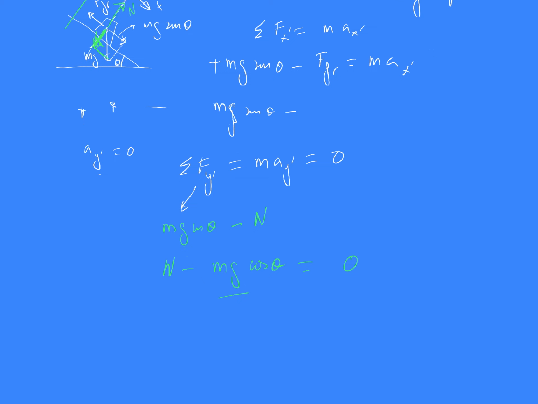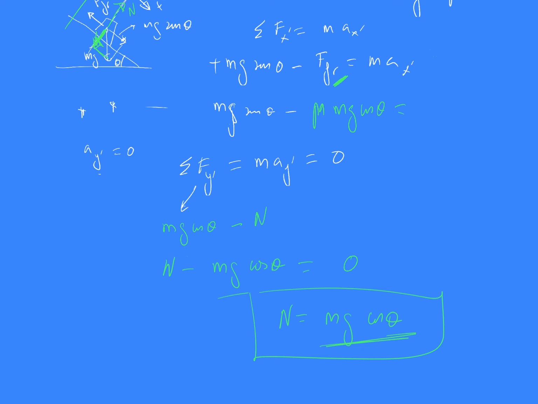In both cases, you will obtain that the normal is mg cosine of theta. So this is the normal that I have to use in this equation. So it's mu dynamic times the normal. The normal is mg cosine of theta. And this is equal to mass times acceleration.